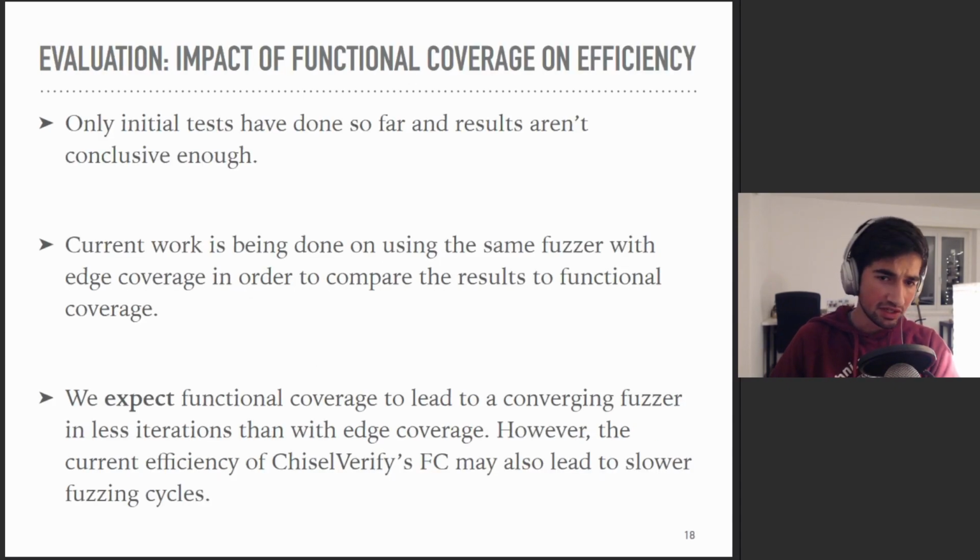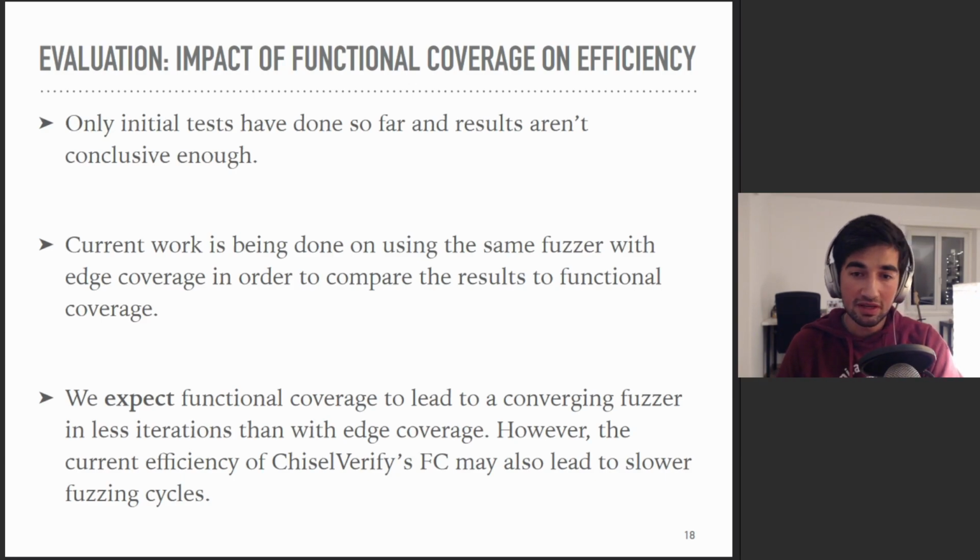So these initial tests so far have shown somewhat inconclusive results, due to the fact that the fuzzer still only has deterministic mutation passes, and thus can't really be compared to any other fuzzer yet. For it to be comparable, we need to also have non-deterministic mutation passes.